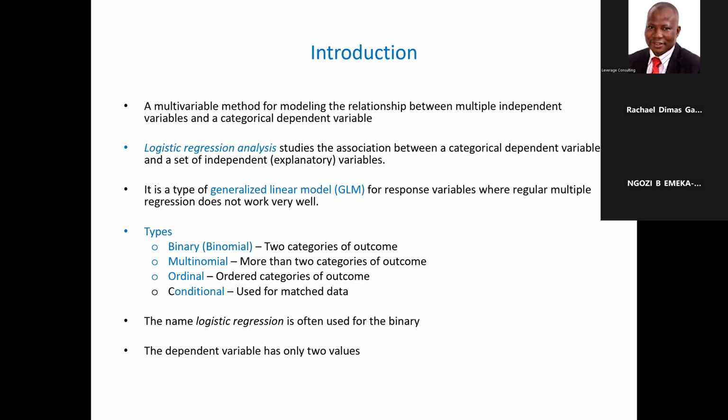So logistic regression is a type of generalized linear model for response variables where regular multiple regression does not work very well. When I say general linear model, it means that it follows a linear model naturally, like linear regression, ANOVA.